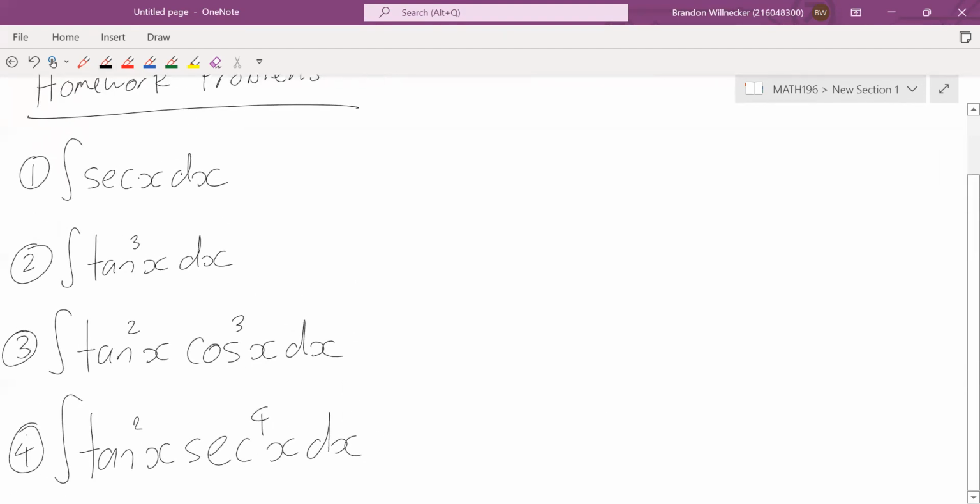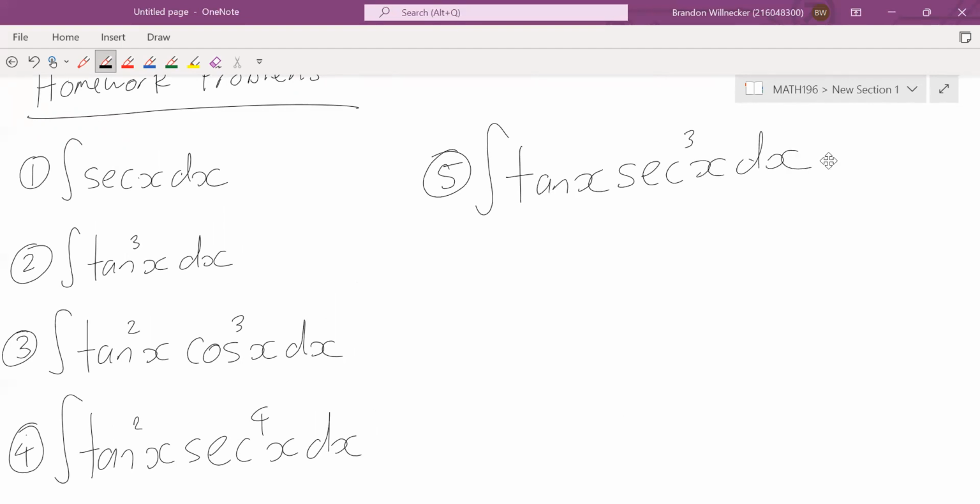And one more, number 5, the integral of tan x sec cubed x dx. So a little mix of things here.